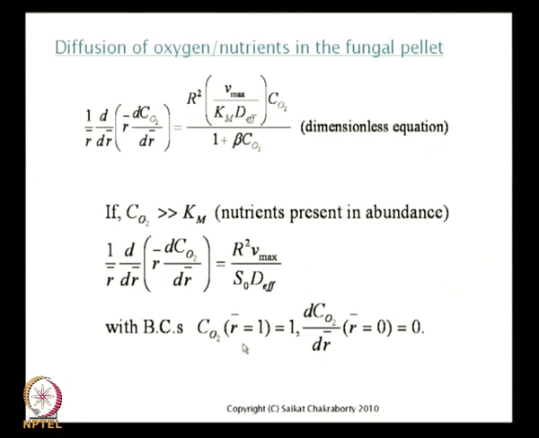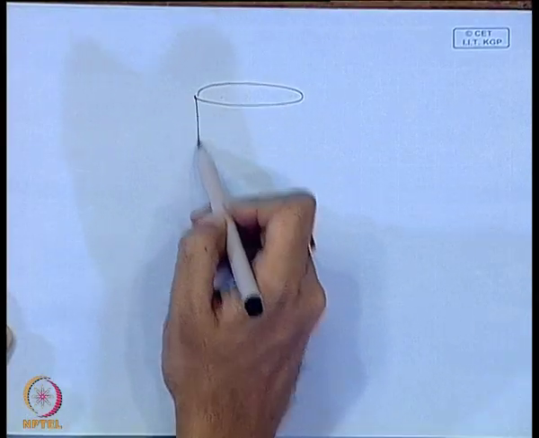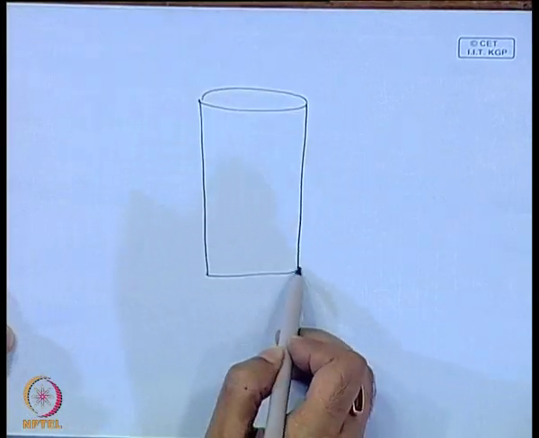And what are my boundary conditions? The one written on the screen, which is that the oxygen concentration at the outside radius, R equals 1, is 1, and dCO/dR at R equals 0 is 0. Okay, so let me show you why we make this assumption. So, this is my cylindrical mold.